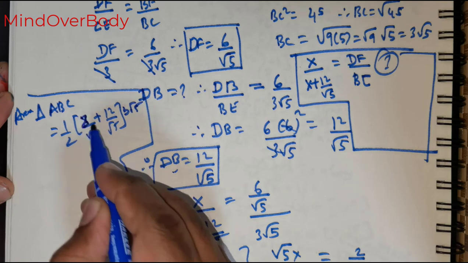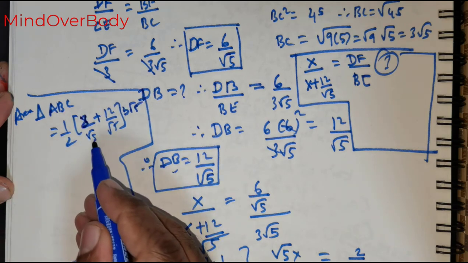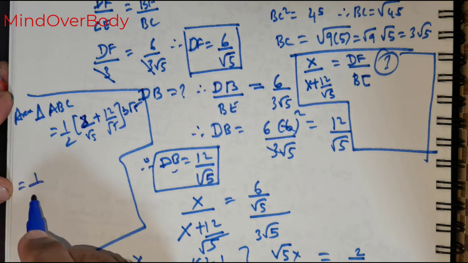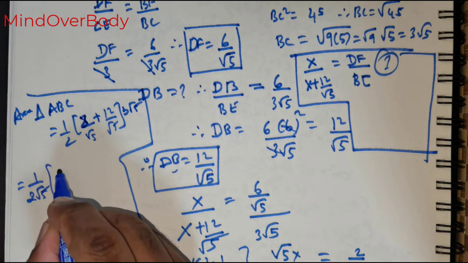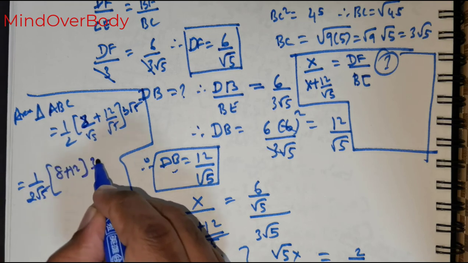So I can take that 1 over root 5 out. This is going to be 1 over 2 times root 5 of 8 added with 12, times 3 times root 5.